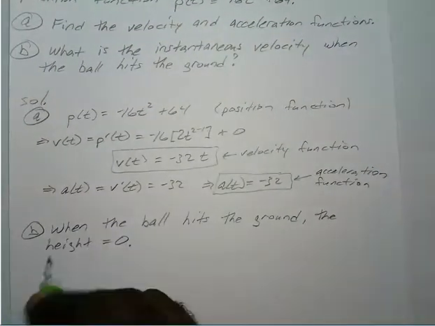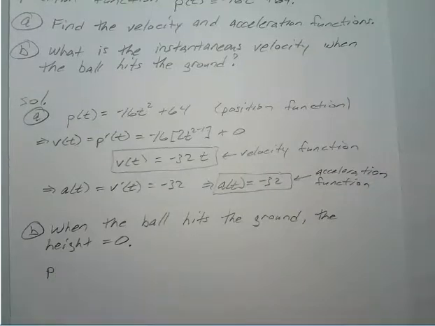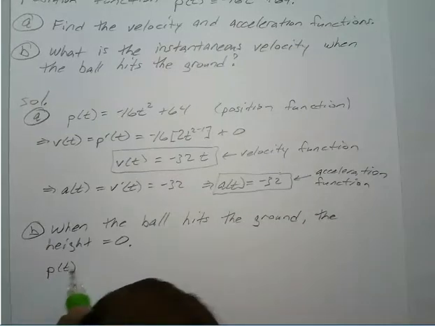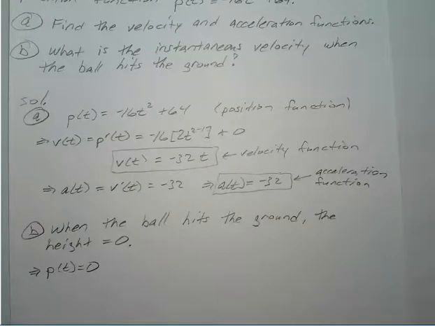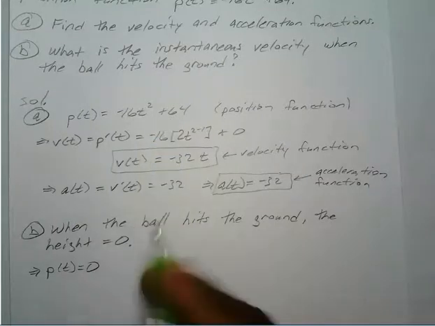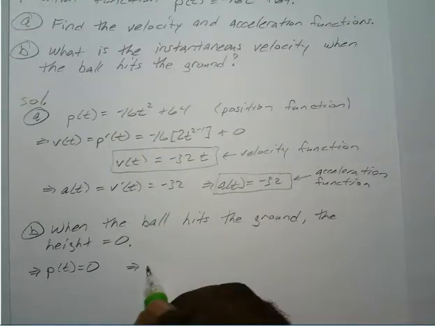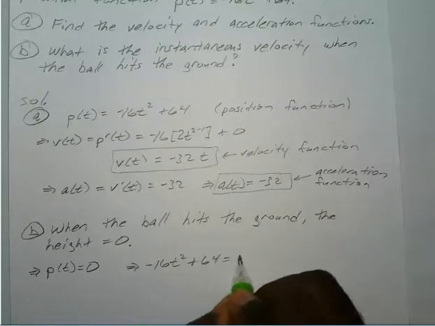So when the height is equal to 0, that means our position function, because remember, the height is given by the position function, p of t, is equal to 0. So since our p of t is negative 16t squared plus 64, we want to find where negative 16t squared plus 64 equals 0.